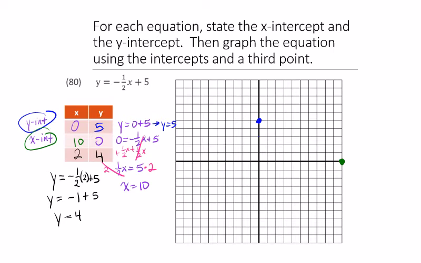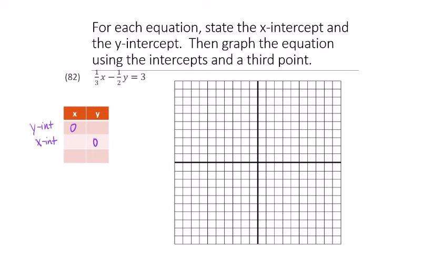So 2 comma 4, right? So it's going to be 1, 2 on the x, and then 1, 2, 3, 4 on the y. So it'll be right there. Okay, so now we just connect the dots. All right, so there's our line.